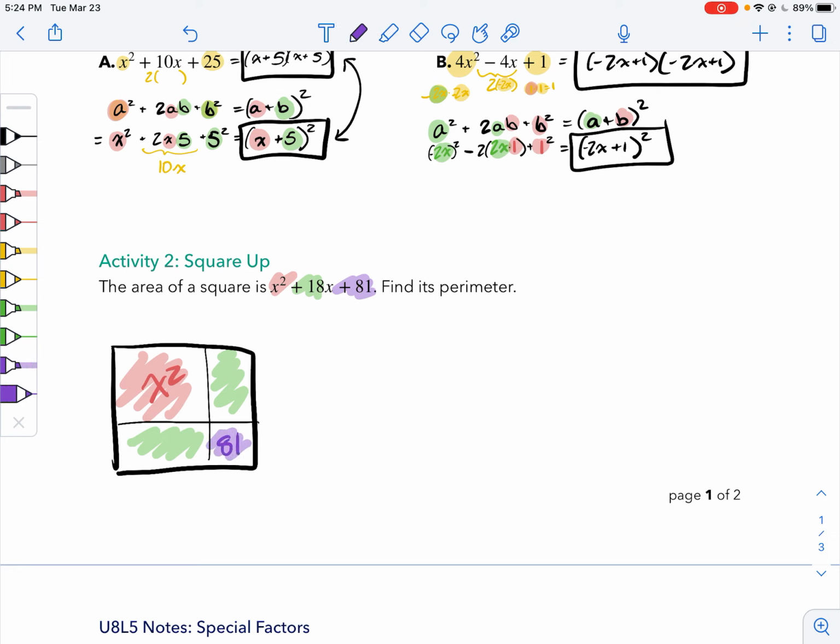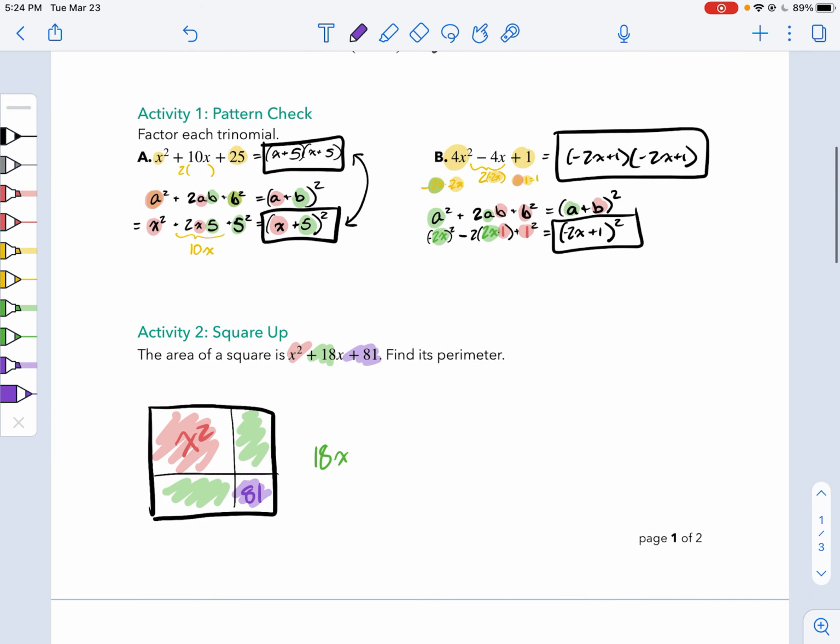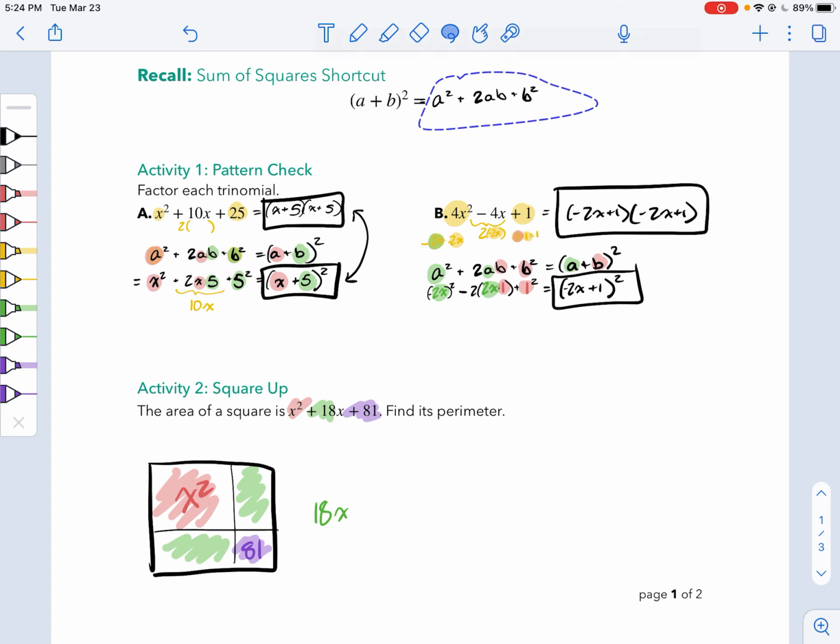And that's fine if you want. If you know you need some way to multiply to 81 and add up to 18, you can do that. That's great. Or you can recognize, oh, this is the perfect square pattern.